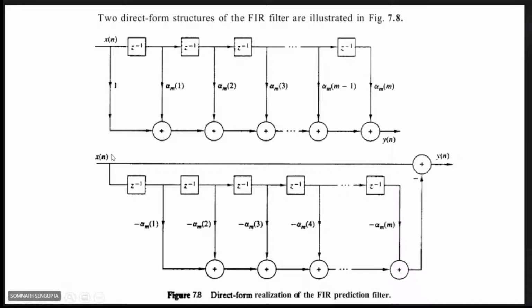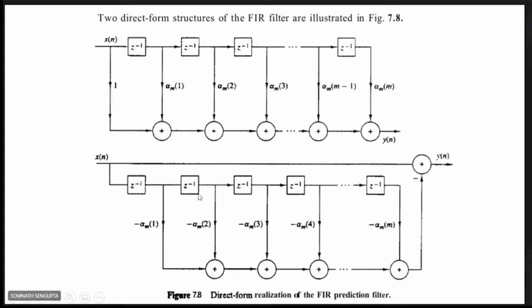So the actual present input is x of n, and the predicted input is x cap n. Then x of n minus x cap n gives the output. This is not exactly y of n; it is actually the error between the actual one and the predicted one.